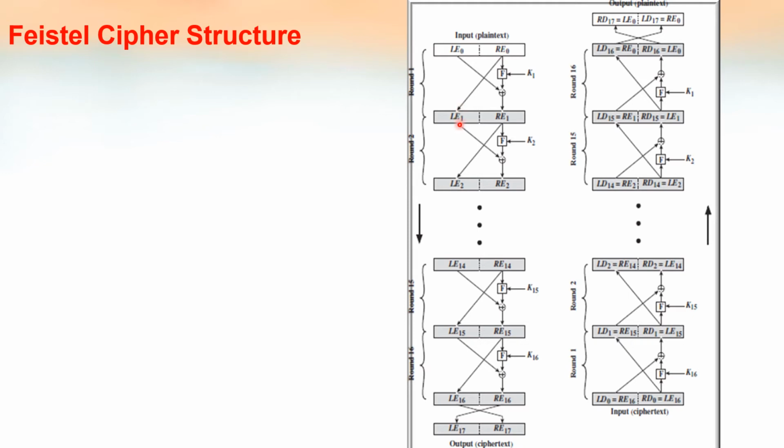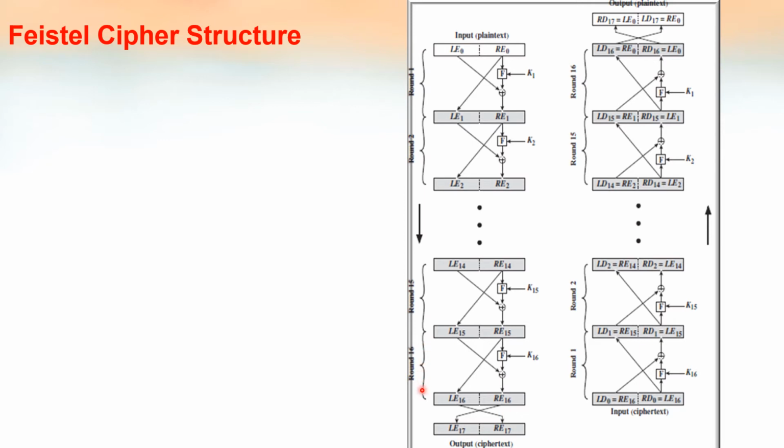Similarly, in round 2 the same process is repeated. The right side is given to the round function f with the subkey K2. In each round, the subkey is different. This provides maximum randomness and maximum security to this algorithm. Similarly, there are 16 rounds.